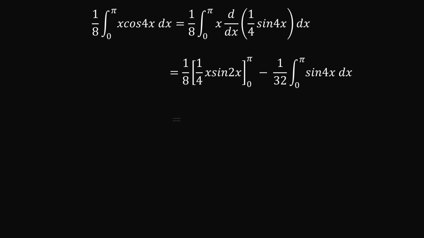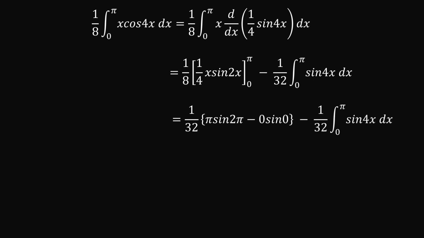Now solving for this first part here by substituting the limits, it's the same as 1 over 32 times pi times sine 4 pi, and this entire term goes to 0 because sine 4 pi is 0, and at the lower limit, 0 times sine 0 is 0.